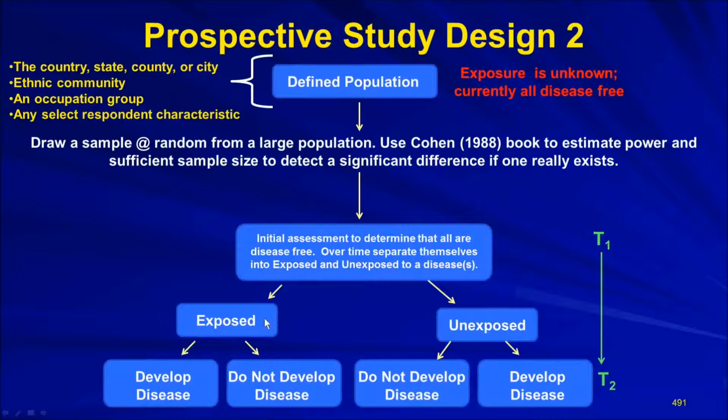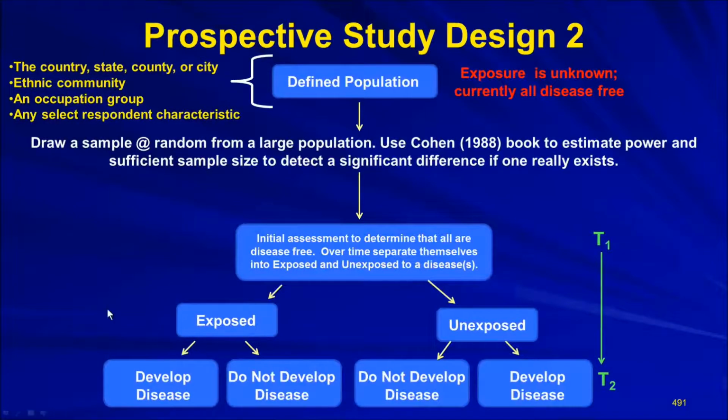Or you may have a wide variety of things that you're looking at, and normally that's the case, and you detect the exposures. It could be environmental, occupational, it could be genetic, any number of factors that you might be looking at in terms of these individuals.